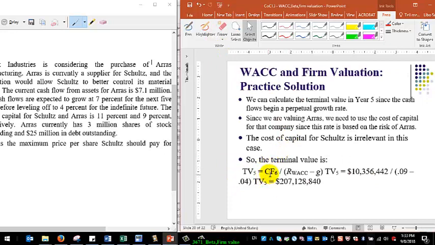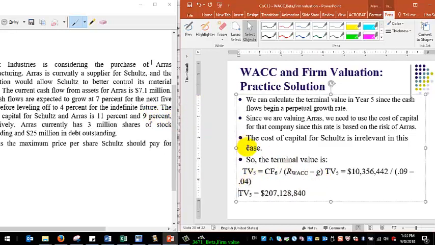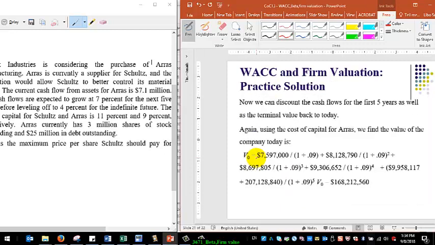For the terminal value, we use cash flow 6, and the WACC is given as 9% for this company, and the growth is 4%. So the terminal value is easily 128,840. Let's now put them all together and discount all these 5-year cash flows to time 0.